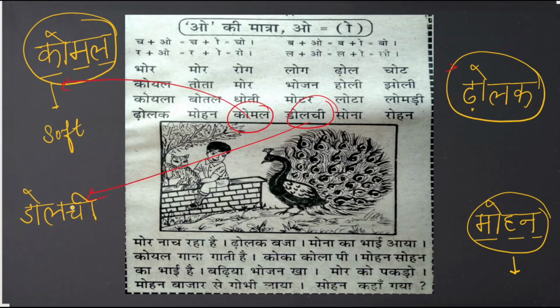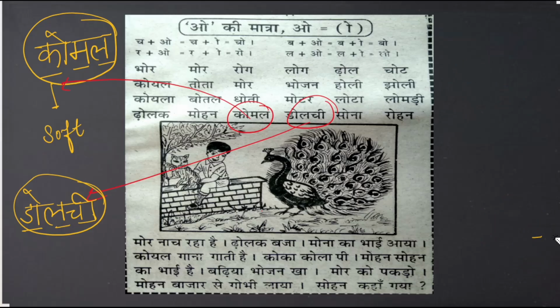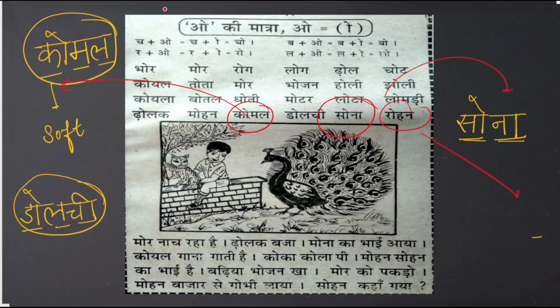Now it became dolchi. Sa, the matra of O, na, the matra of A. Now it became sona. Ra, the matra of O, ha, na, rohan.